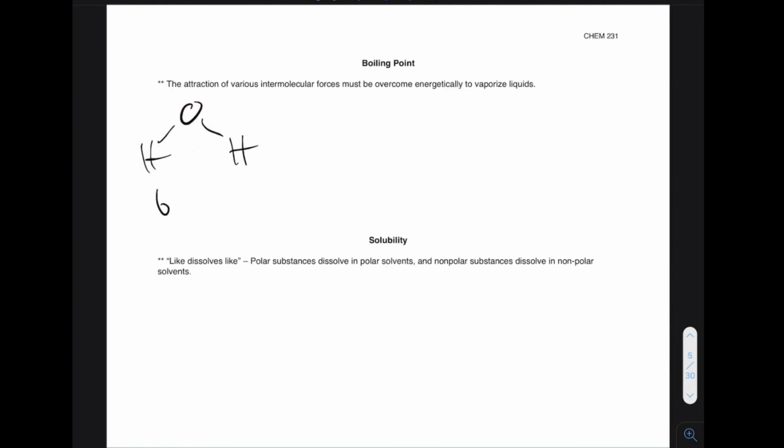So the boiling point of water is 100 degrees C. But if you look at another molecule, ethanol, this molecule only has one hydrogen bond, and the boiling point is much lower, somewhere around 80 degrees Celsius. The difference in boiling point can be explained by the hydrogen bonding. Water can do more hydrogen bonding in solution than ethanol can. It's harder to break apart water in solution because of all the hydrogen bonding going on with it. But ethanol can break apart easier, so it requires less energy to vaporize it.